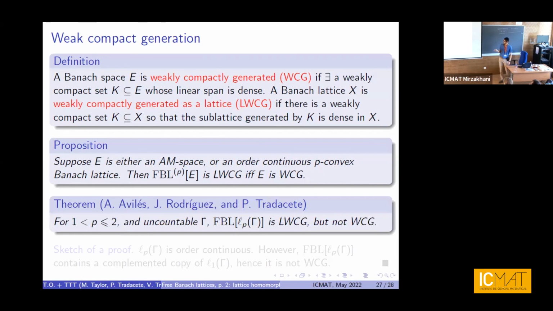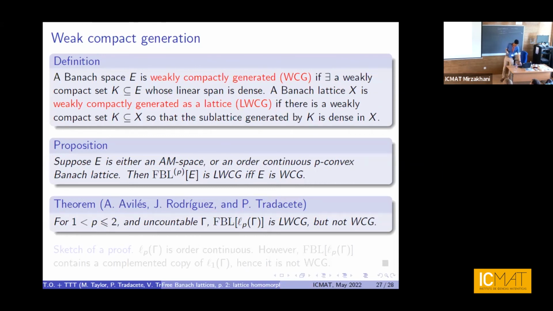And well, now this result that I kind of just announce is by Aviles, Rodriguez, and Rodeseta, that for p strictly greater than 1 but not exceeding 2, the free Banach lattice on L_p of gamma is LWCG but not WCG. Here gamma has to be an uncountable set.